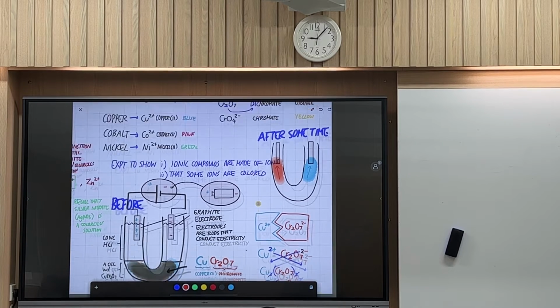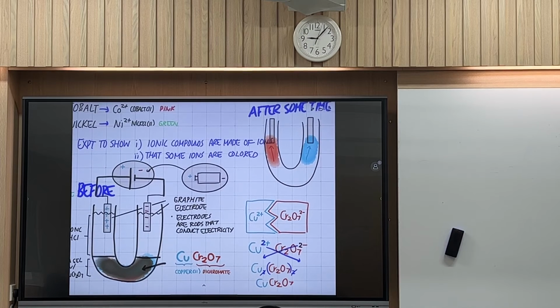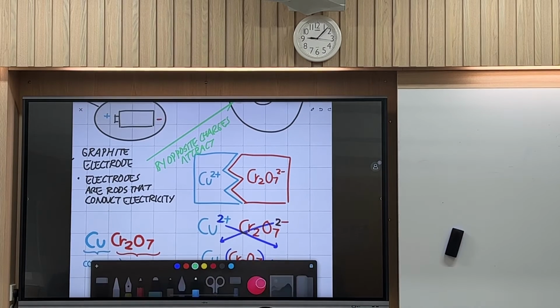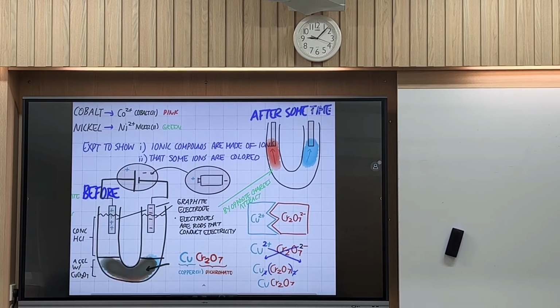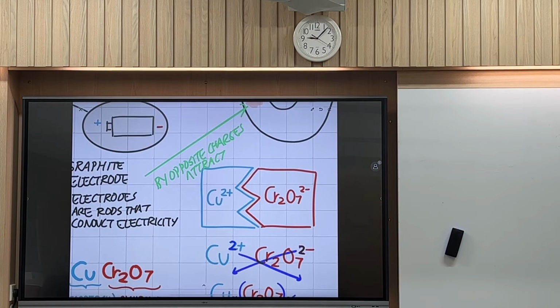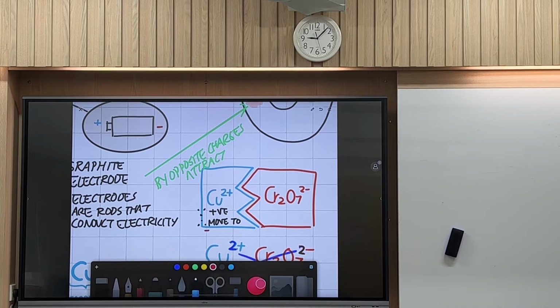Okay, so write down a very, very important principle that you're using here: opposite charges attract. This ion, Cu2+, because it is positive, will move to the negative terminal, which is the right hand side.